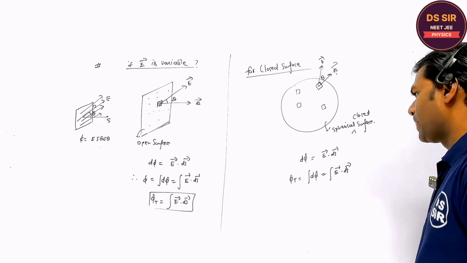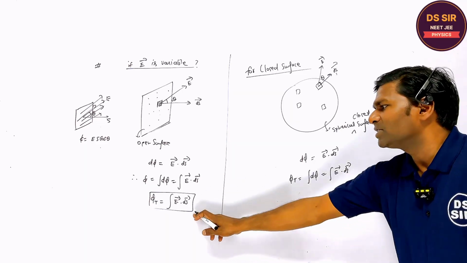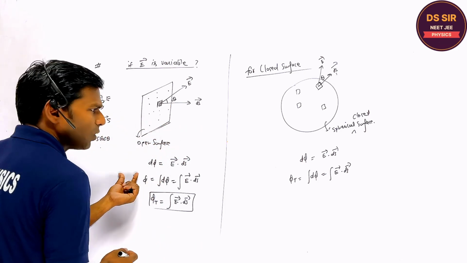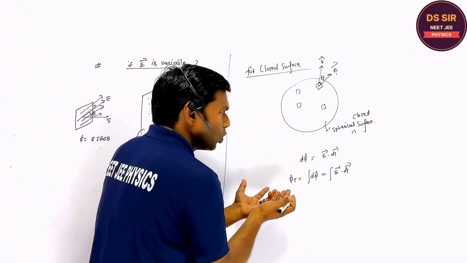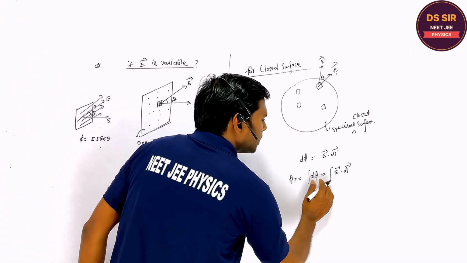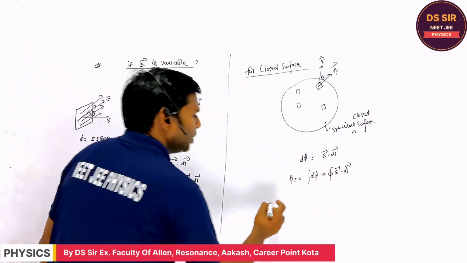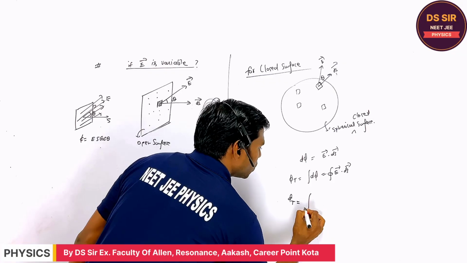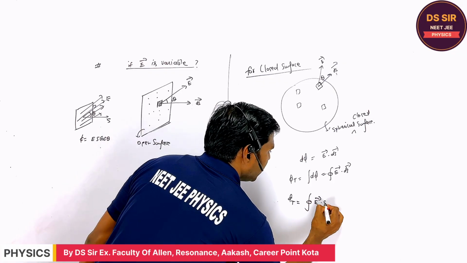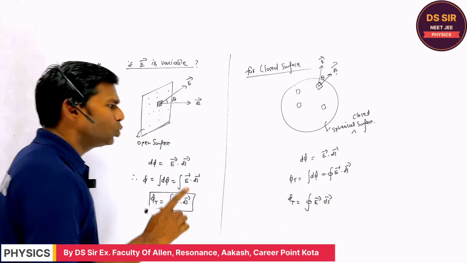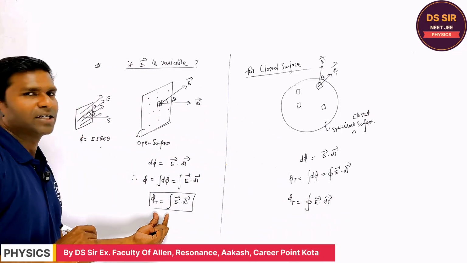Listen to one thing. The difference between this and this: this is the flux linked with a surface which is open. But if the surface is closed, the only difference is that you have to put a circle on the integration. So the total flux linked with this closed surface is represented by the closed integral of E dot ds. So in your book, you will see two symbols to find the electric flux.